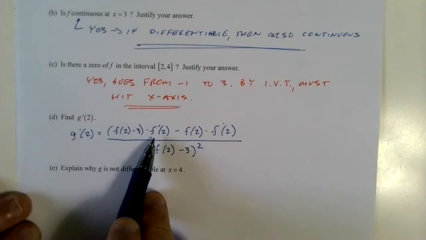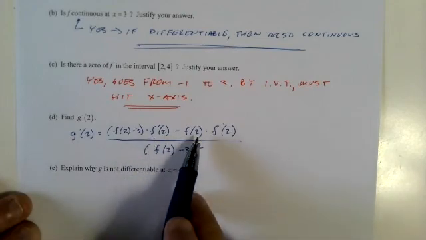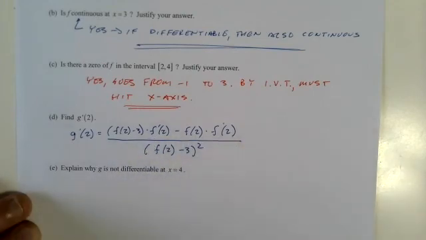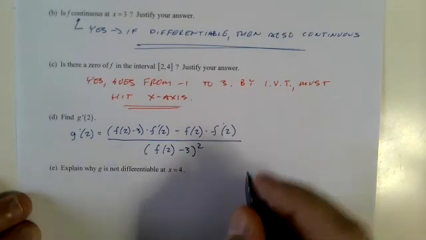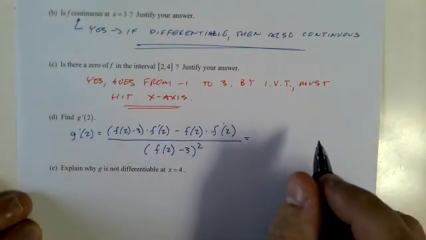Low d high minus high d low. That should do it. Equals.